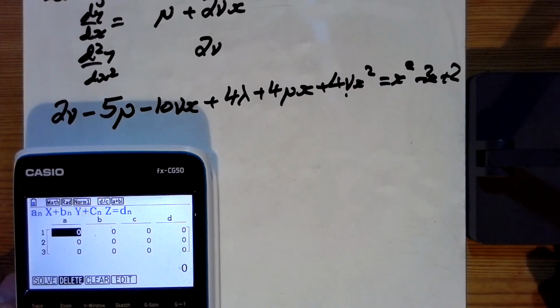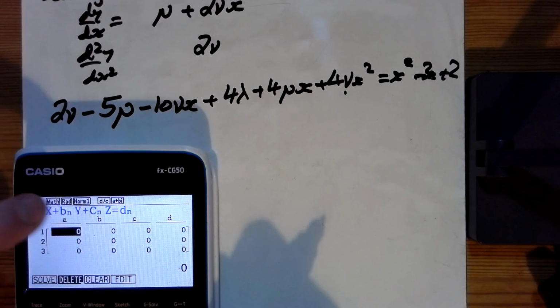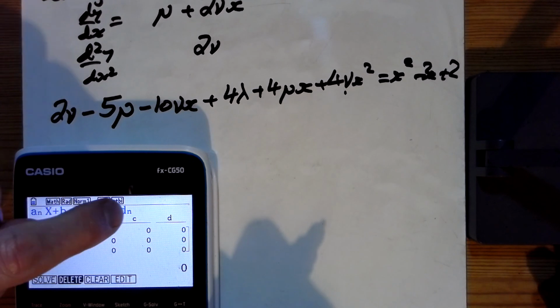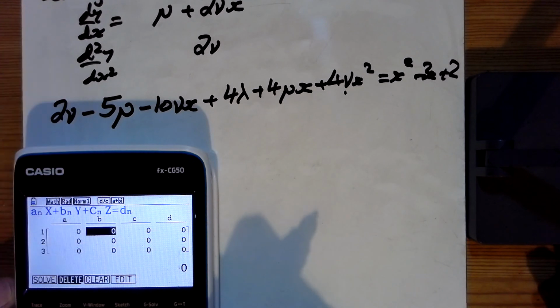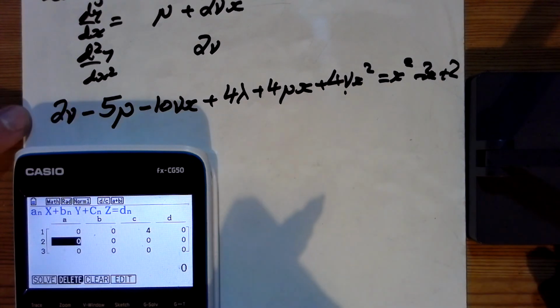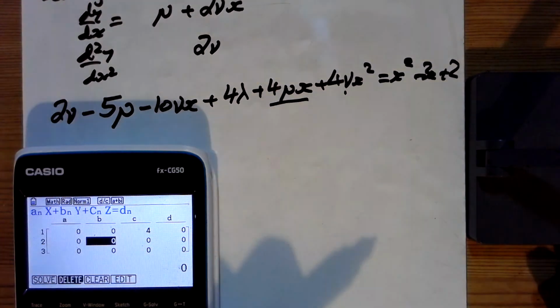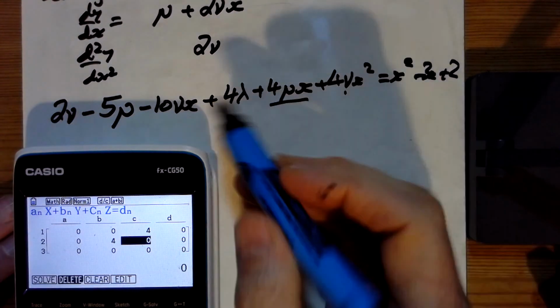So what we're looking for, first of all, we're looking for the x squareds, and we've got lambda, mu, and nu. So no x squareds for any of those. We've got 4 of them there, and we know that wants to equal 1. Now let's look at the x's, and we know there's no lambda x's, but there are some mu x's. There's 4 of them. And then how many x's here?